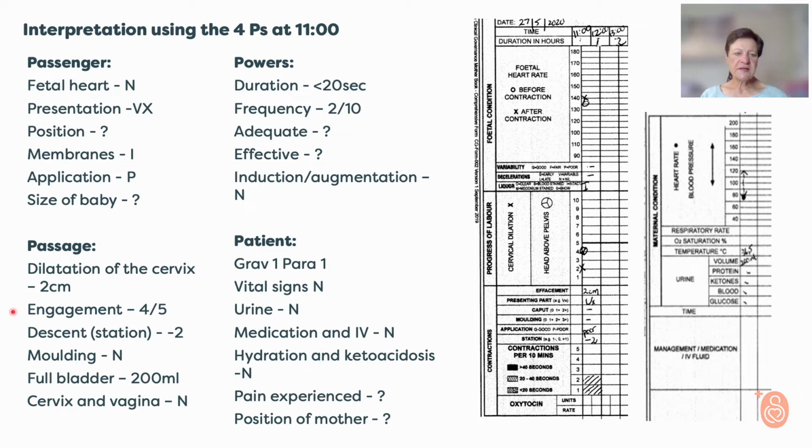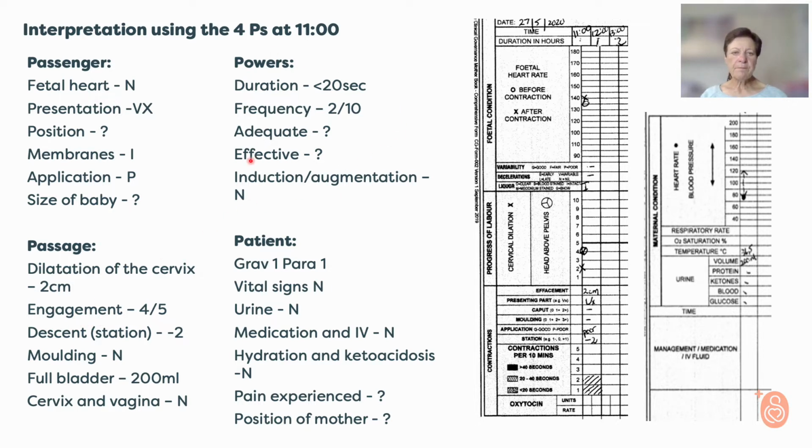So as far as the passage is concerned, we are a little bit worried because of the head still being high, and that together with the application that's poor might be an indication. I think we will get a red light here at the back of our brains to tell us we have to look out for this patient.